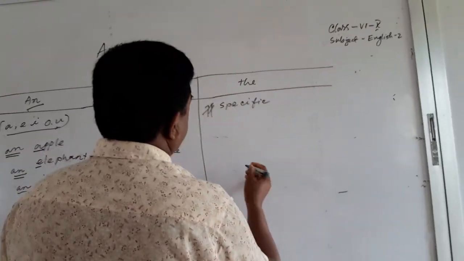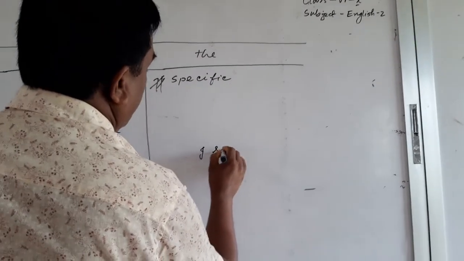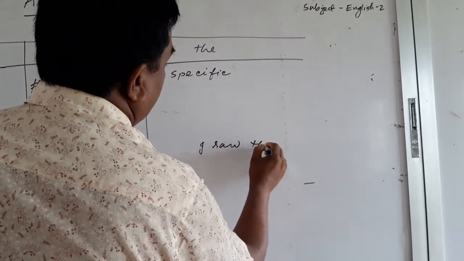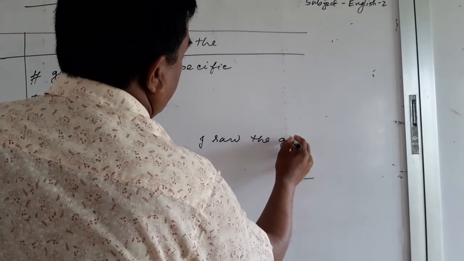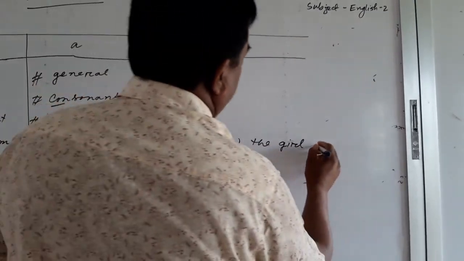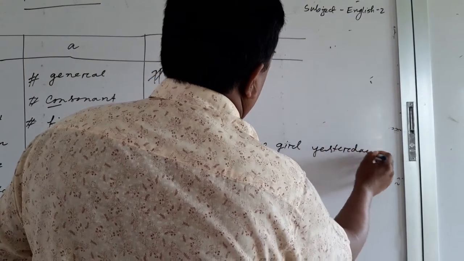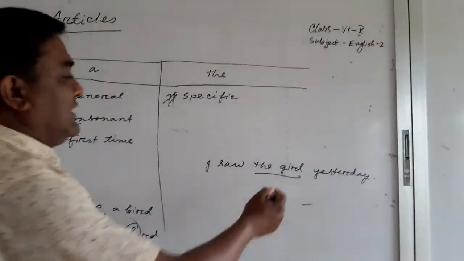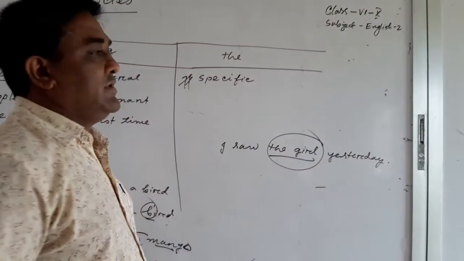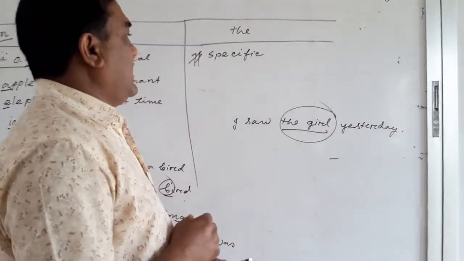Suppose I saw the girl yesterday. I saw the girl yesterday. Here the girl is specific. That means a definite girl I saw yesterday.